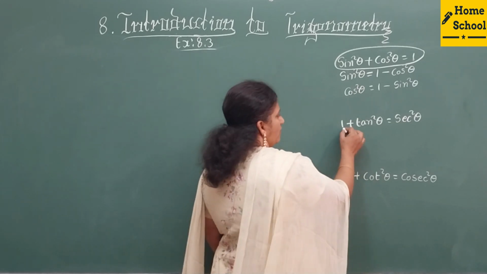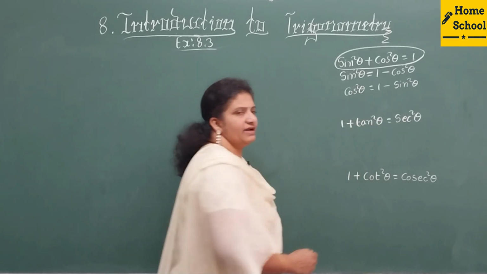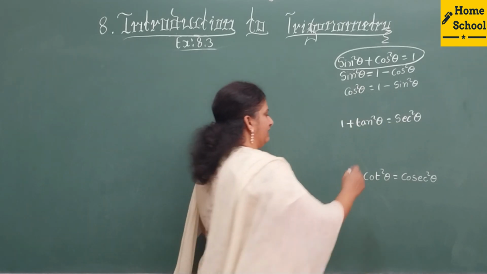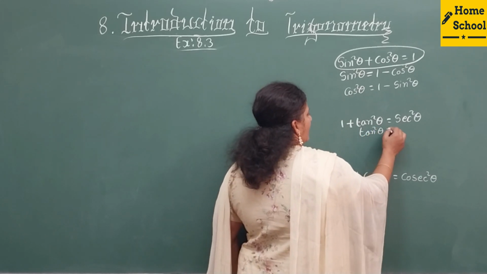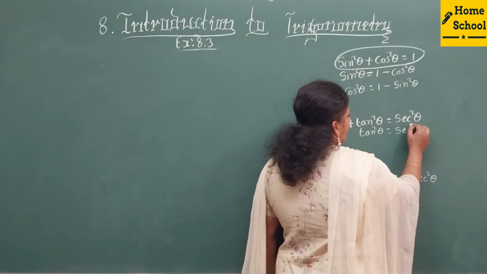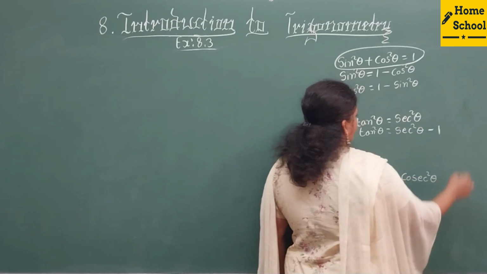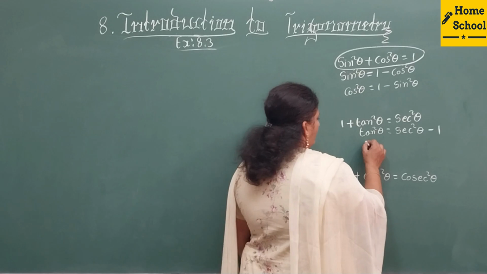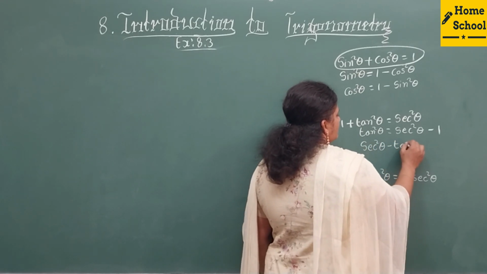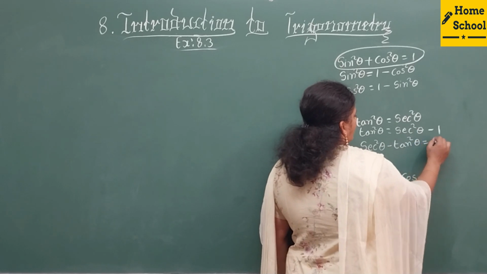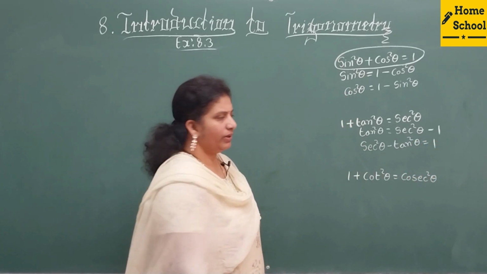Now next one. 1 plus tan square theta is equal to secant square theta. If I want tan square theta, I can write it as secant square theta minus 1, or secant square theta minus tan square theta is equal to 1. Okay.